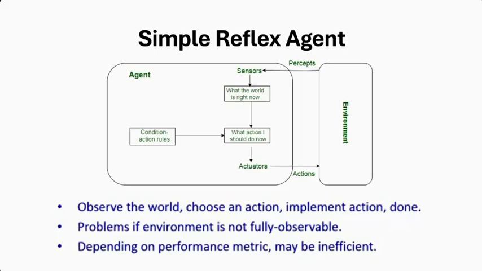So, nakikita nyo yung reaction niya from the percept may sensors. So, observe niya muna yung world, saka siya namimili kung anong action. After the chance of choosing an action, it will implement the action until it is done.